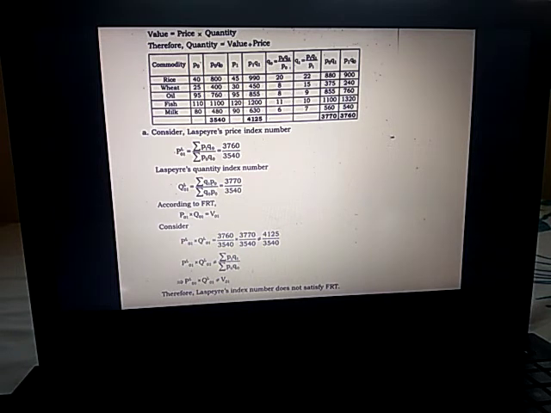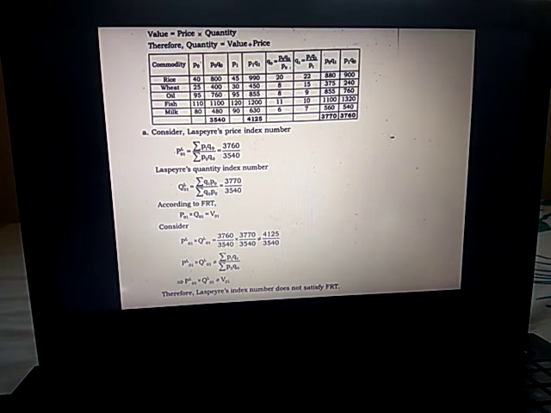So we'll create a table. First the 5 commodities, then P naught is given, then the value, that is P naught Q naught, is given, then P1 is given, and the value P1 Q1 for the current year and base year is given. So first we'll calculate the quantity. Q naught will be value divided by price, that is P naught Q naught divided by P naught.